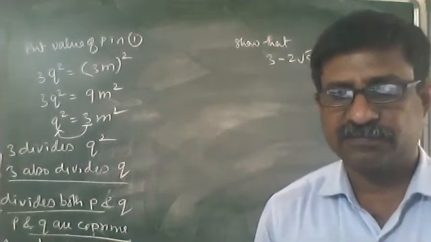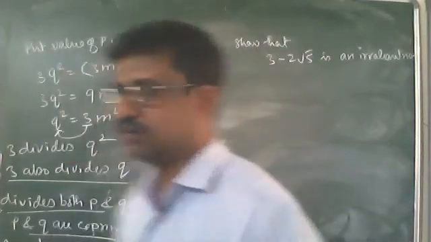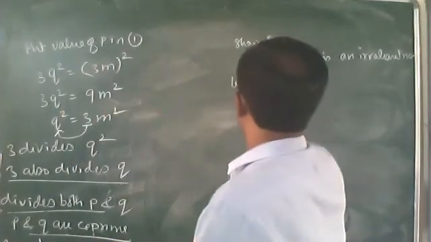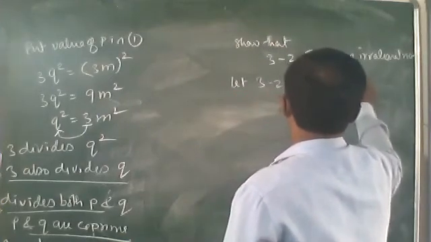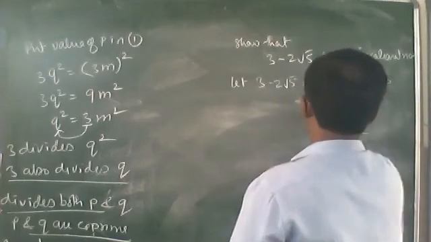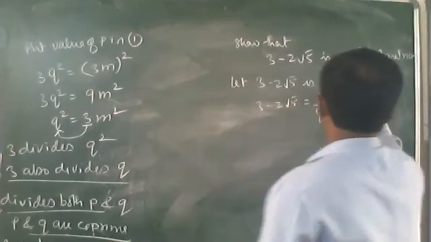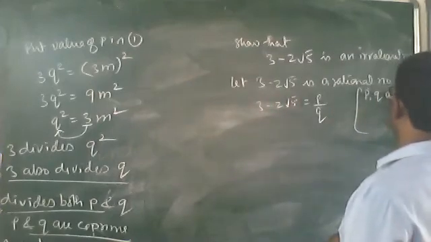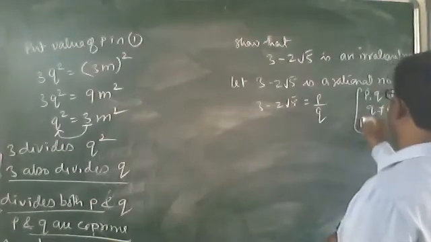Procedure is the same. Suppose 3 minus 2 root 5 is a rational number. If it is a rational number, then it can be in the form of p upon q. p, q are integers, same definition I am following. q is not equal to 0 and p, q are co-prime.